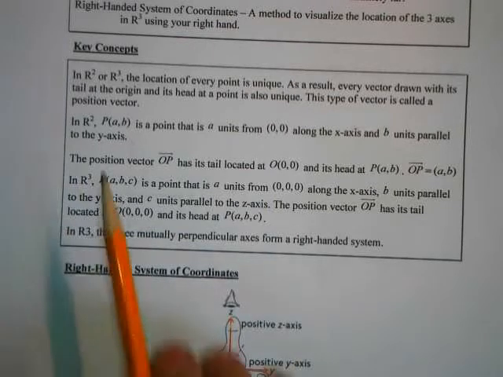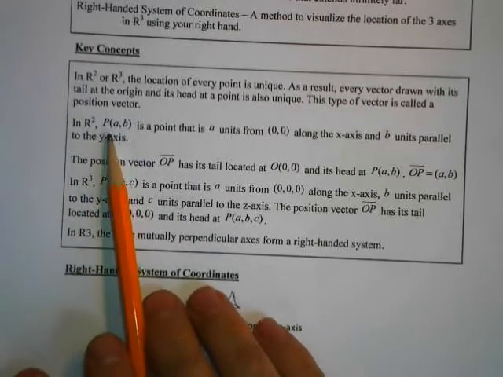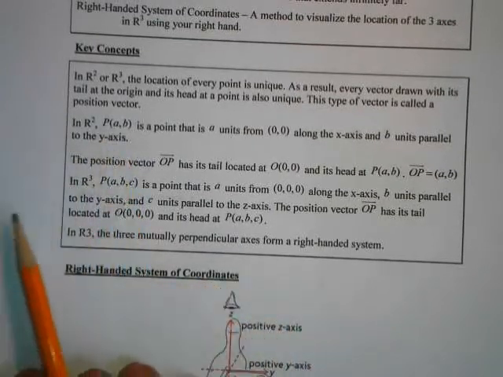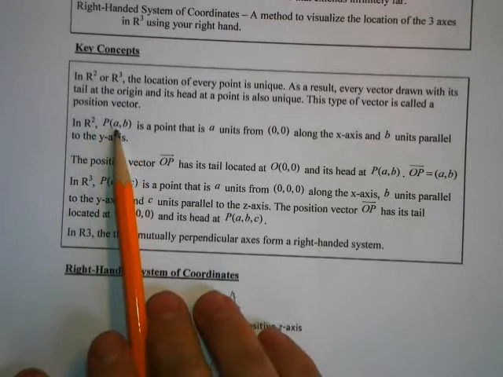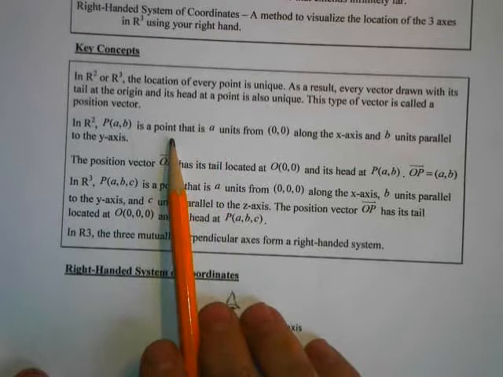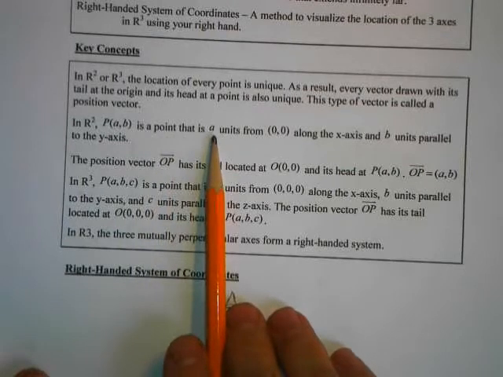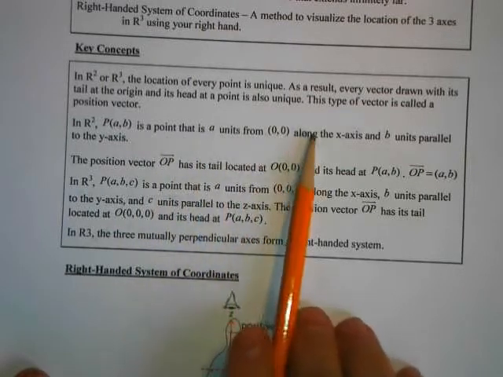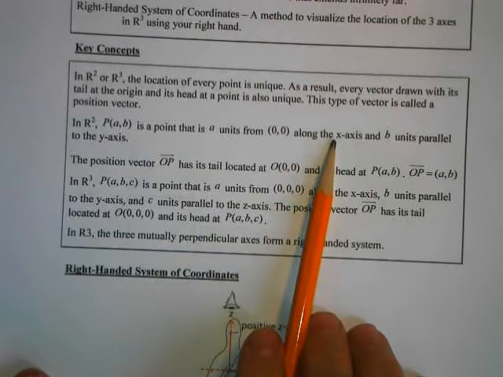Now in R2, if you have a point AB, so A is the X coordinate, B is the Y coordinate, you know that the point is A units from the origin along the X axis and B units parallel to the Y axis.